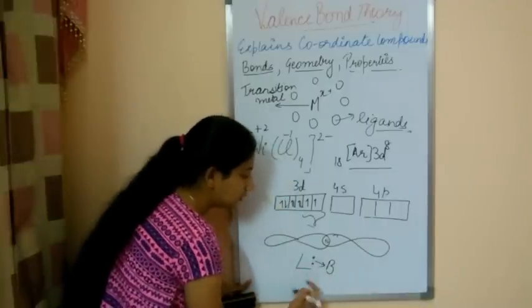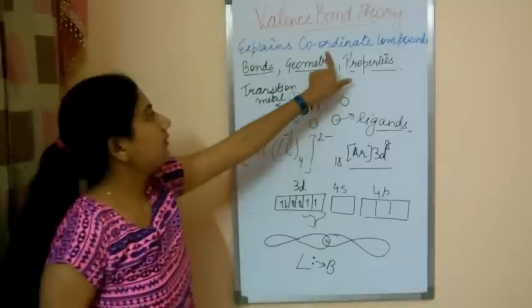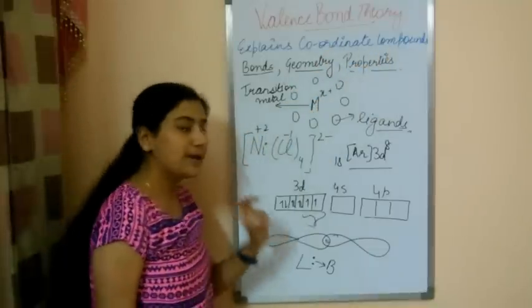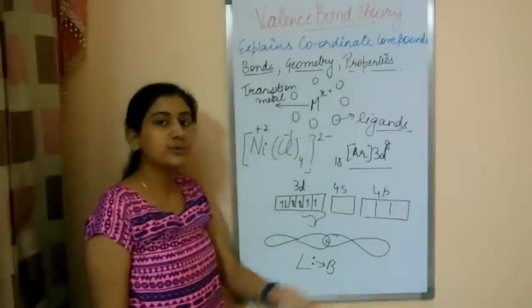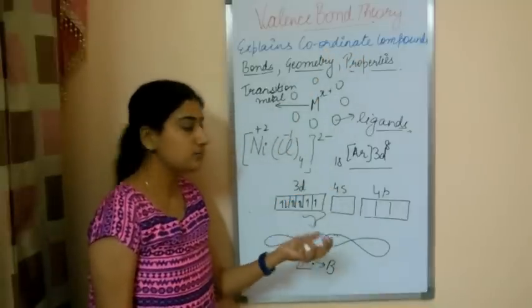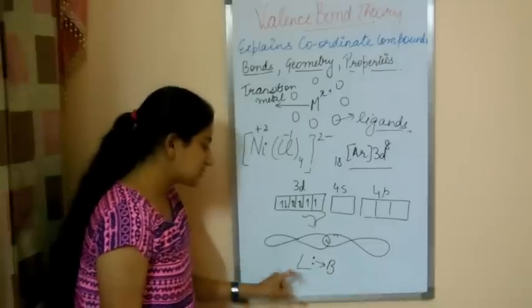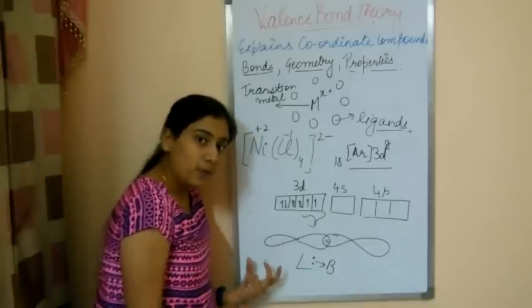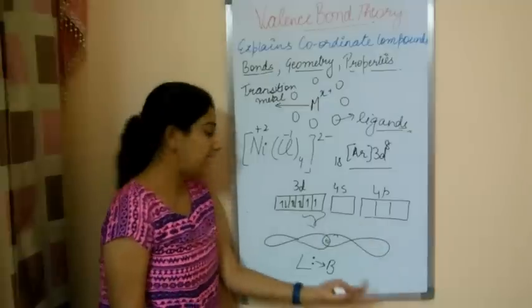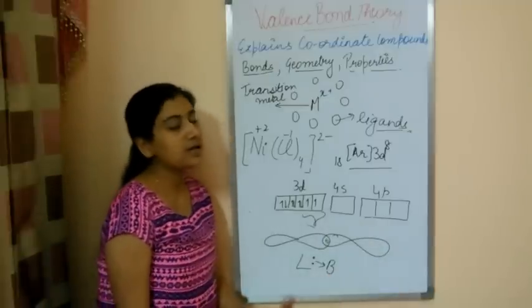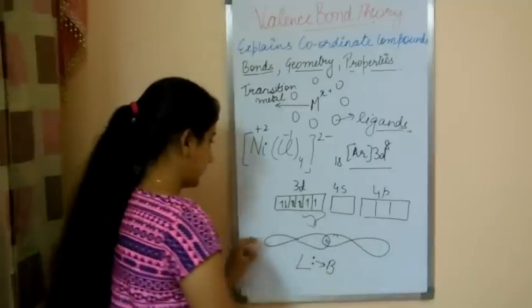So this kind of bonding is seen in coordinate compounds. This is the main difference of coordinate compounds from the other compounds, the covalent and ionic bonds: one atom provides two electrons in the sharing and the other atom does not provide any electron in the sharing.